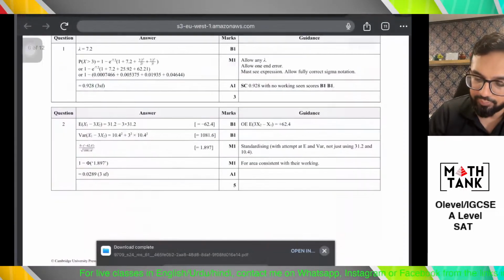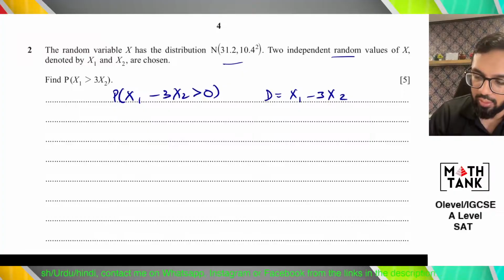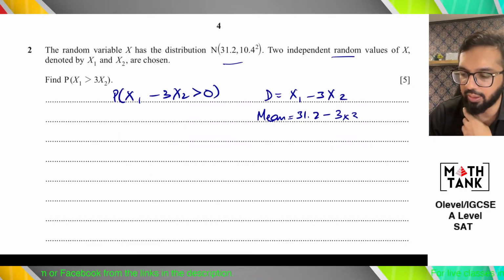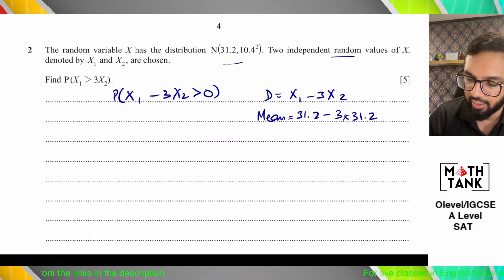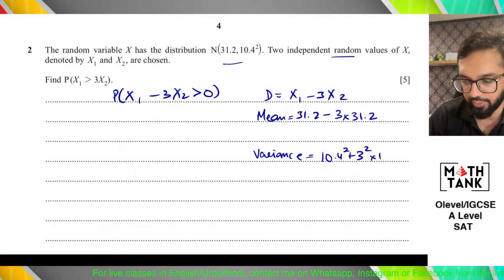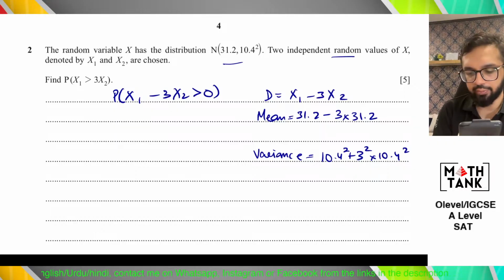Okay, and yeah, so the mean is going to be 31.2 minus 3 times 31.2, and the variance is going to be 10.4 squared plus 3 squared into 10.4. Let's calculate quickly.